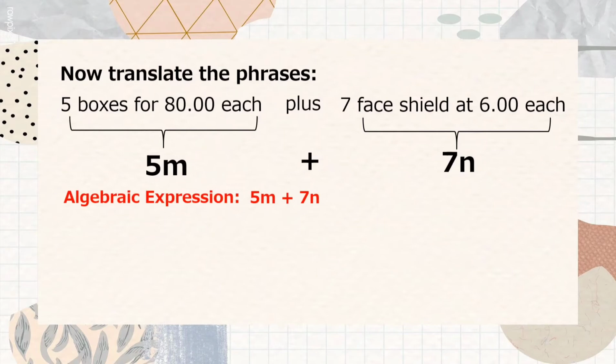So our algebraic expression will be 5M plus 7N. This represents the total cost of the 5 boxes for 80 pesos each and 7 face shields at 6 pesos each.